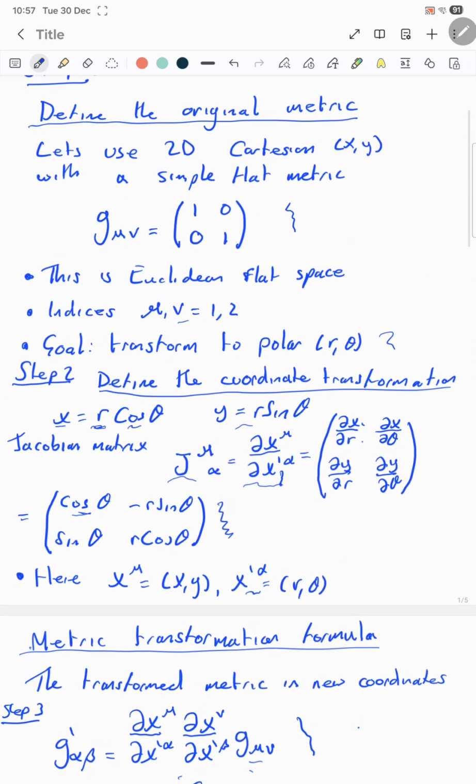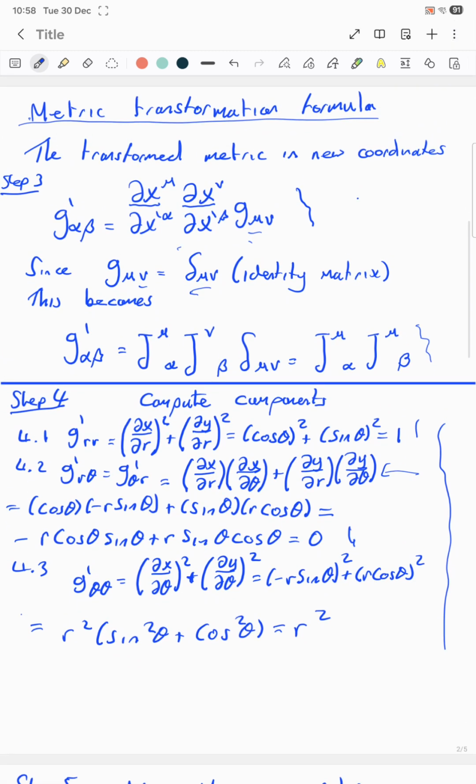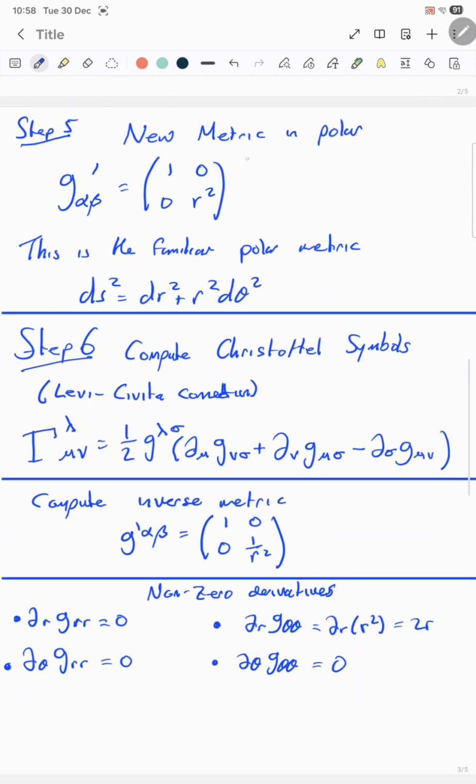So r theta and theta r are 0. And now we will get g'_theta theta, which equals minus r sine squared plus r cosine squared, which we just pull the r out of, and sine squared plus cosine squared is just 1, so we get r squared.